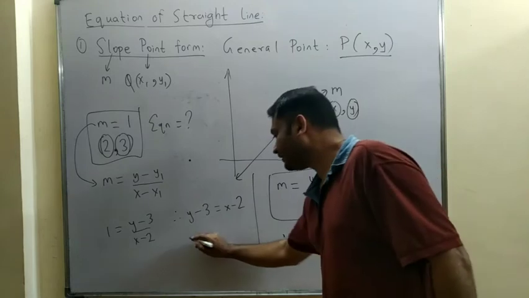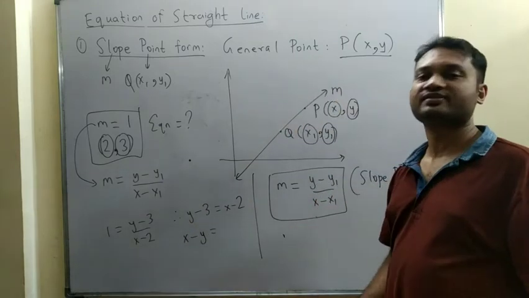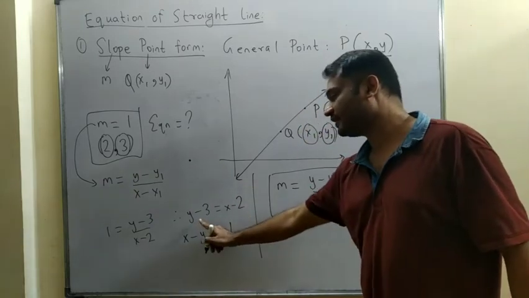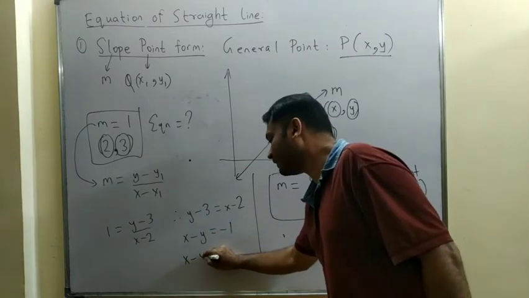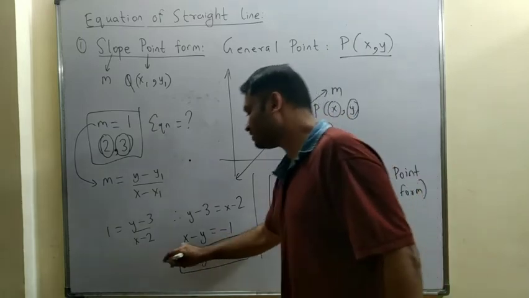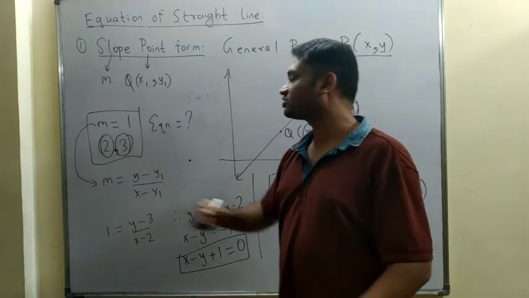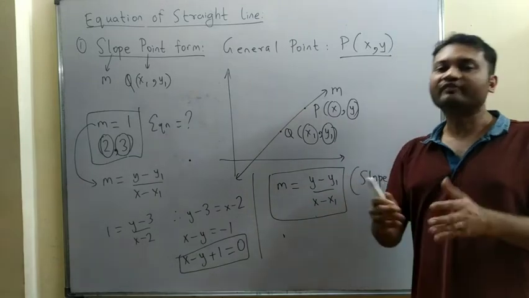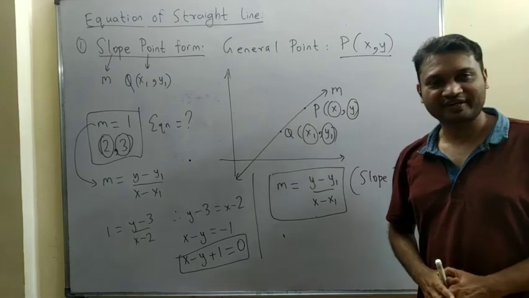So on rearranging, we can say x minus y, if I take this y on the other side, is equal to minus 1, because minus 2 on the other side becomes plus 2 minus 3, which is minus 1. So x minus y plus 1 is equal to 0. This is the equation of a straight line having slope 1 and passing through the fixed point x1, y1, which is 2, 3. So this is how we use slope point form to get the equation of a straight line.